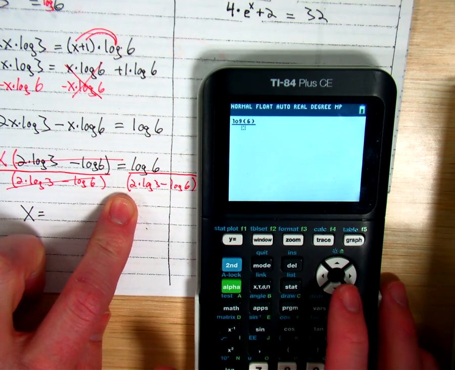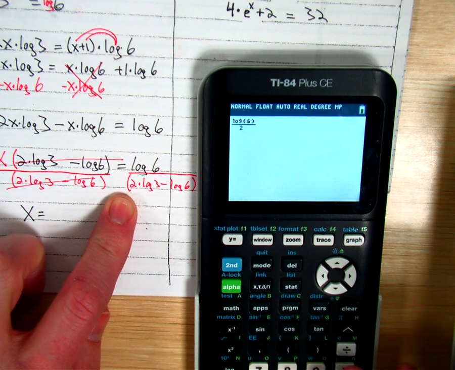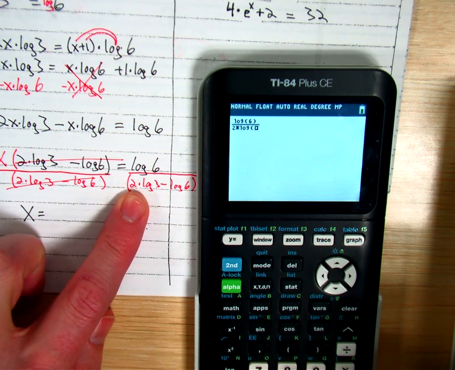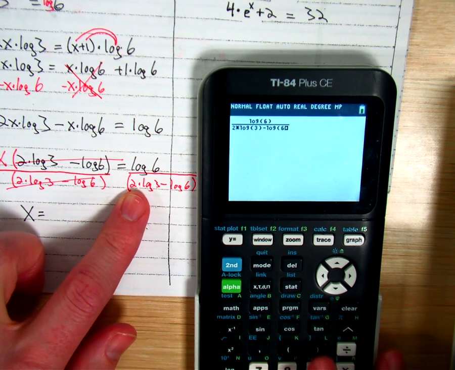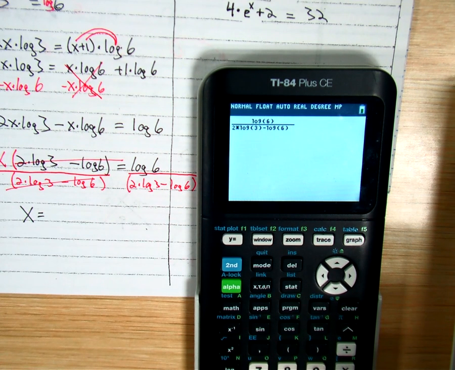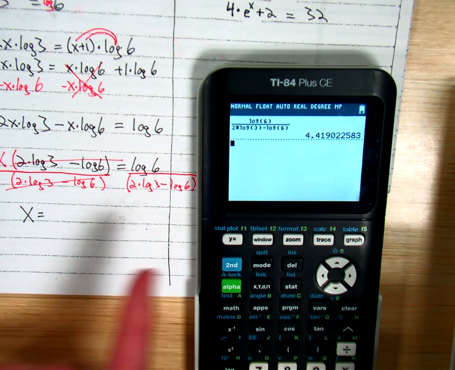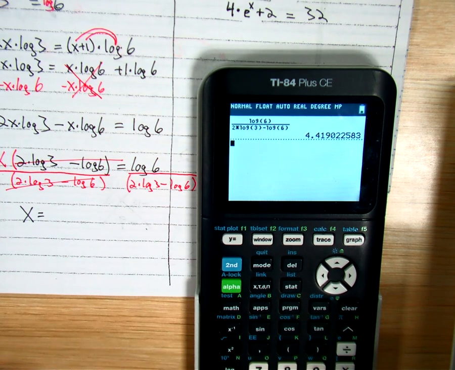Divided by, bump down to the bottom, 2 times log 3, close the log parentheses, minus log 6. Close your log parentheses. Most of these log problems we're going to round to 4 decimals. So we're going to get 4.4190.